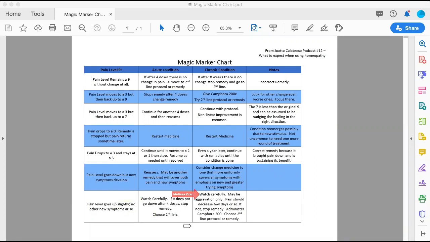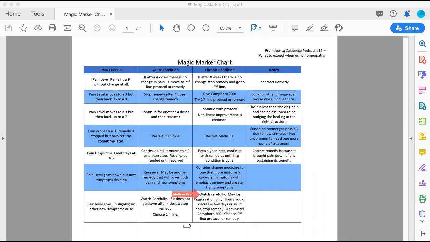In a chronic condition, you're also going to watch it carefully because it could be only an aggravation. An aggravation is a worsening of symptoms that you already have, followed by those symptoms going away.